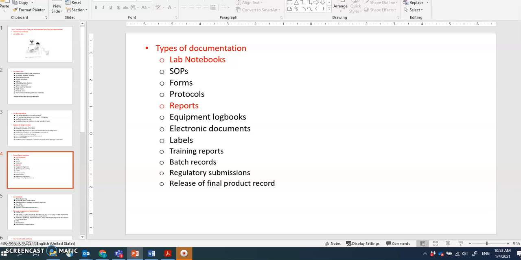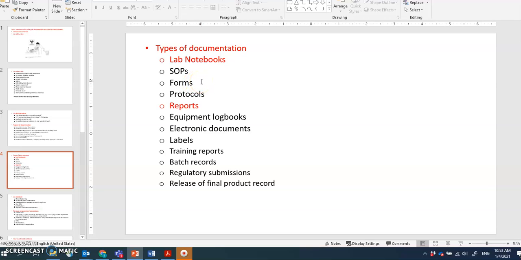And then there is another form called SOP. SOP stands for what? Standard Operating Procedures. Again, that's a kind of instruction on how you can carry out a task. Okay? A detailed step-by-step procedure is described in this documentation form. Okay, and then forms may be part of the SOP.